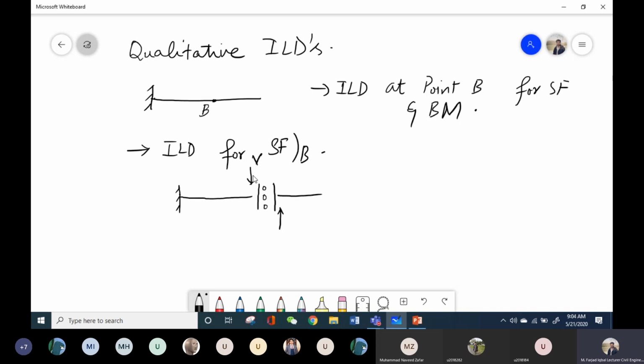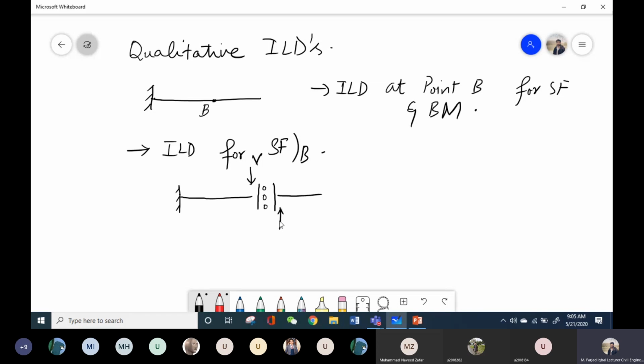The third step is to apply a downward shear force on the left side of that roller guide and an upward shear force on the right side of that roller guide. After applying these two loads, I simply plot the deflected shape, and that deflected shape will be my ILD. In the last lecture we also did that.